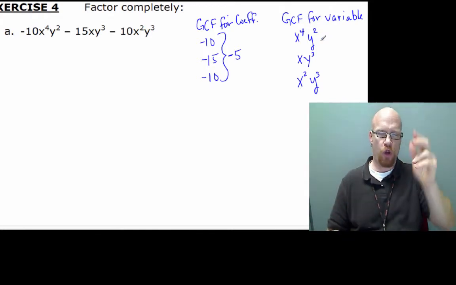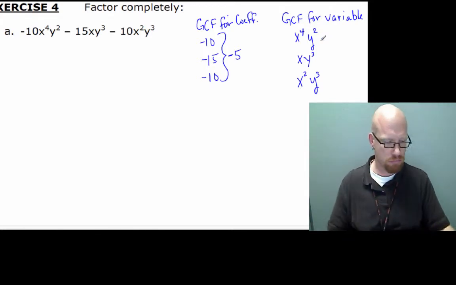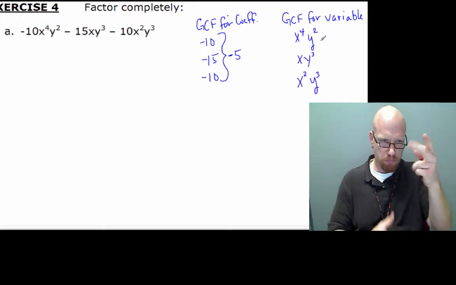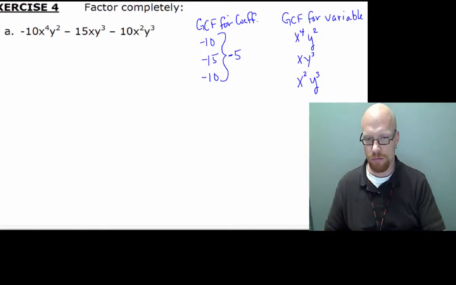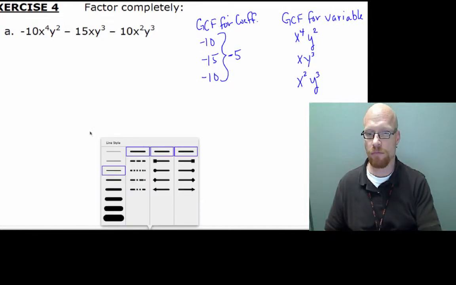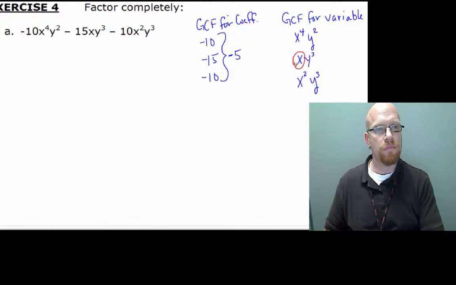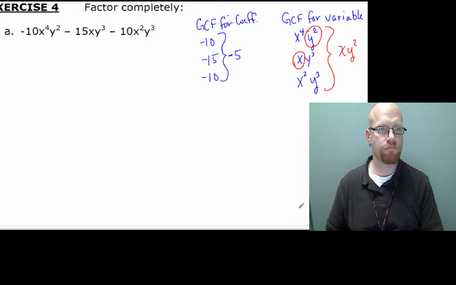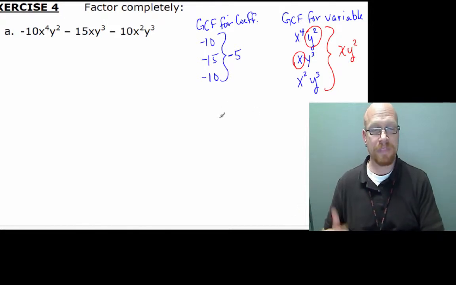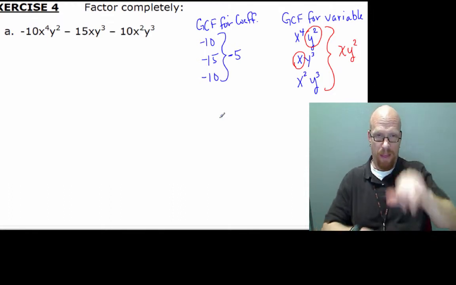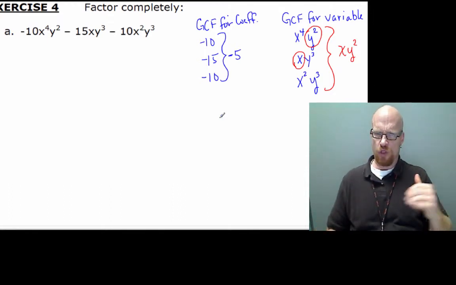Now looking at our y variable, we can see the y squared is the lowest power for y. Okay, I circled them in red. Now we have our greatest common factor.